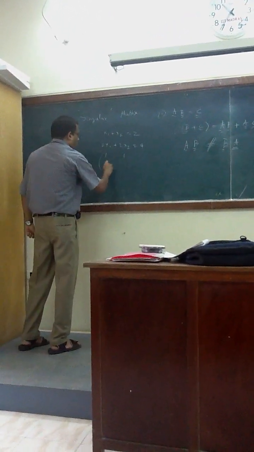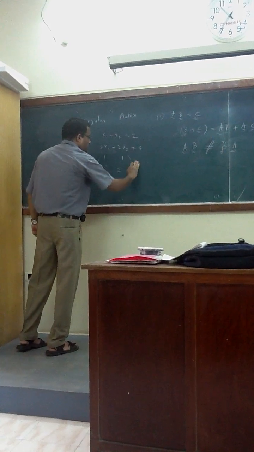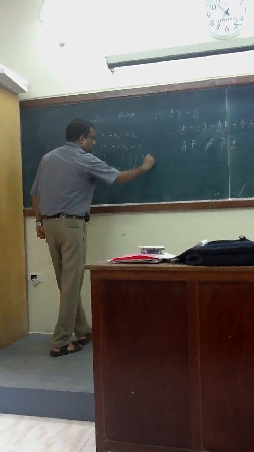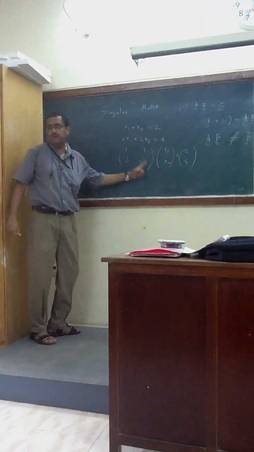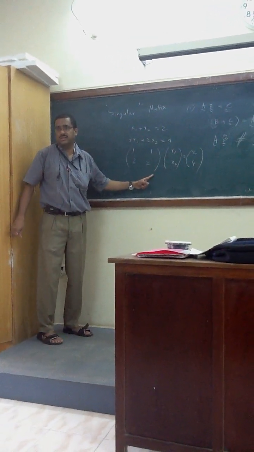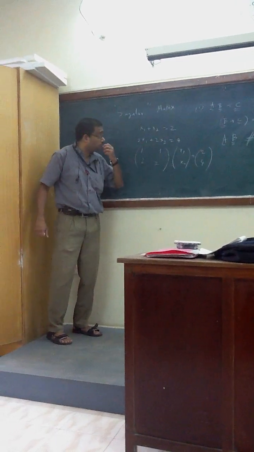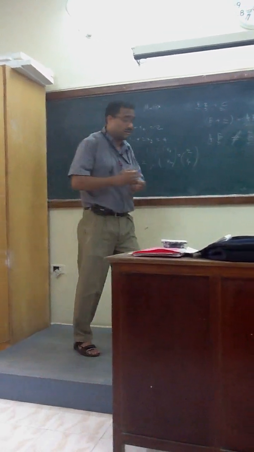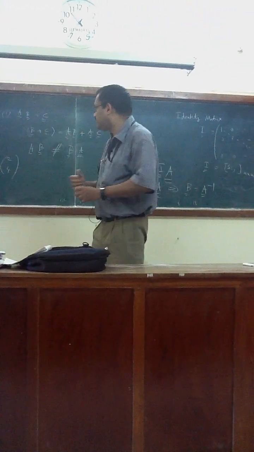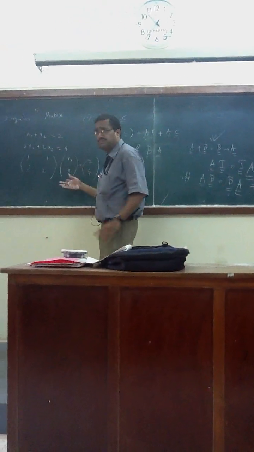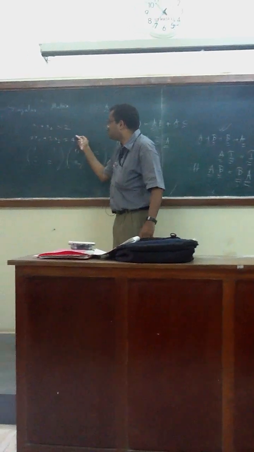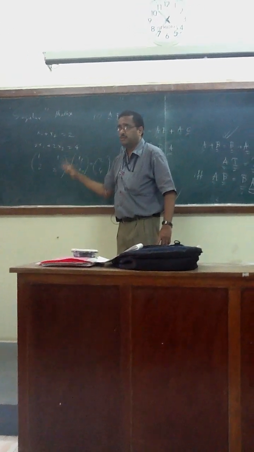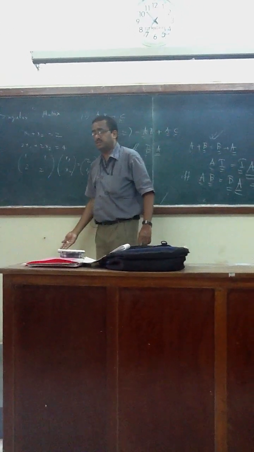In matrix form, [1 1; 2 2] times [x1; x2] equals [2; 4]. The determinant is 0, which means you won't get a unique solution. Your matrix is singular. There are two unknowns and only one algebraic equation, so you get an infinite set of solutions.